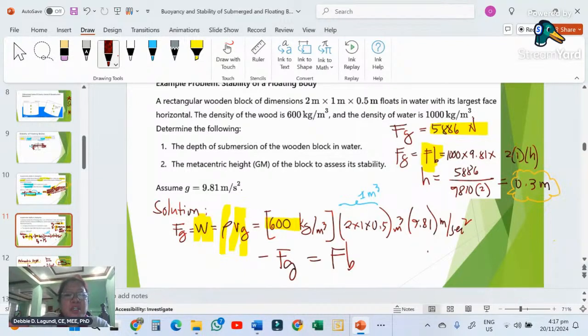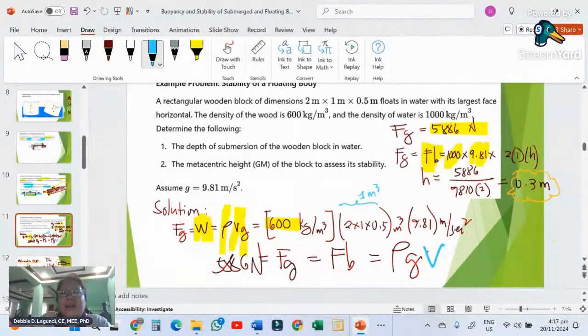We know that FG is 5886, and then for FB, the rho of the water is 1000, obviously. And then you have the V, which will be the submerged volume.